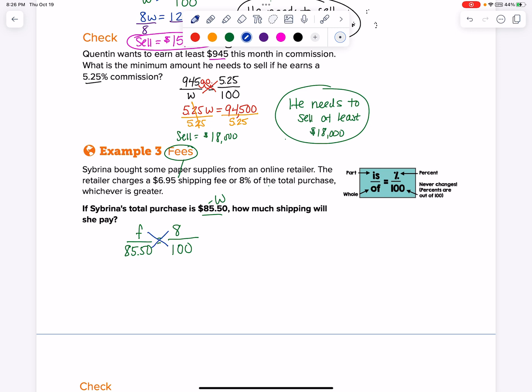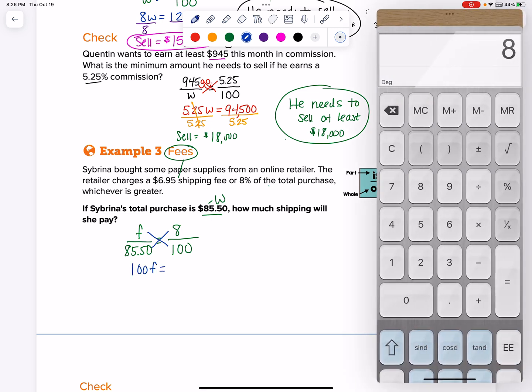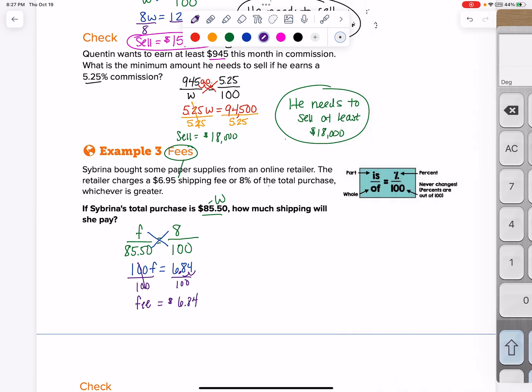Let's cross multiply, and we have 100F equals 8 times 85.50, which is 684. Then let's isolate the variable, divide both sides by 100, and we get a fee of $6.84.